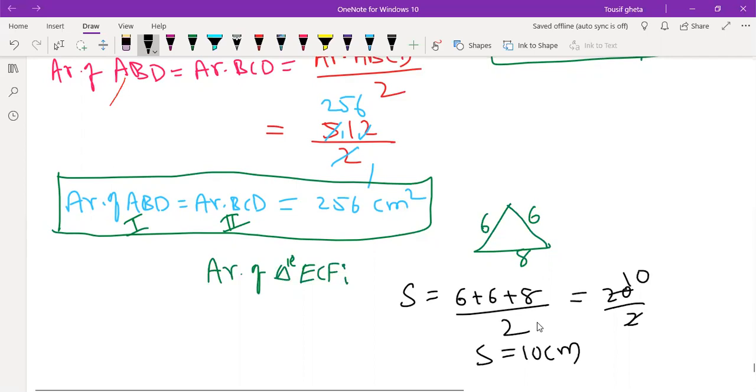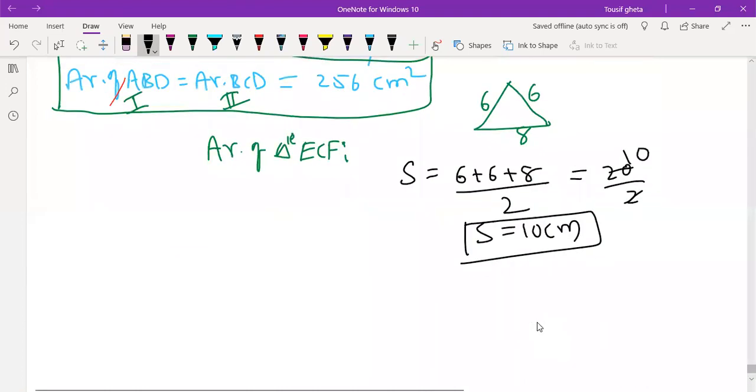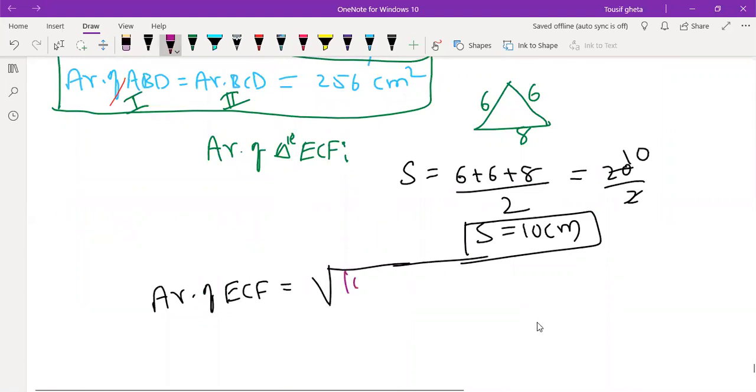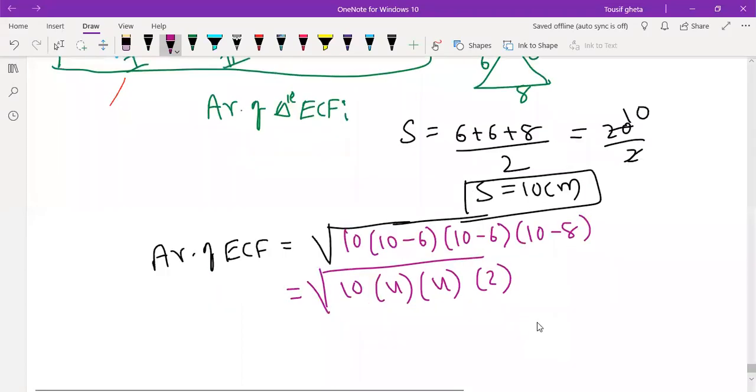Right, Farhan? Now we will find out area of ECF is equal to root of S, nothing but 10, 10 minus 6, 10 minus 6, 10 minus 8, right, Prapti? Root of 10, 4, 4, 2. So first I have this perfect square.